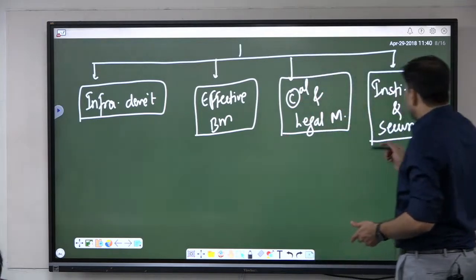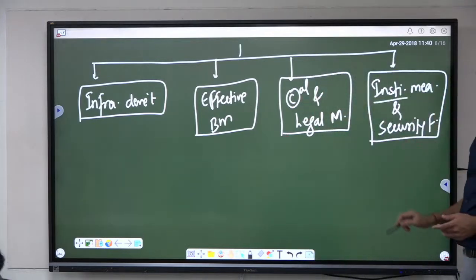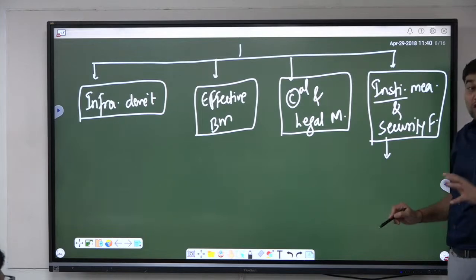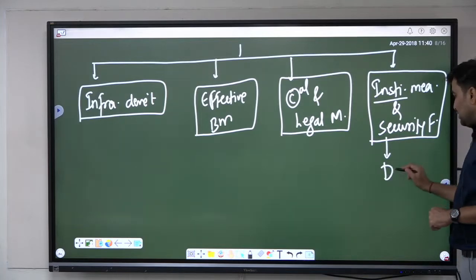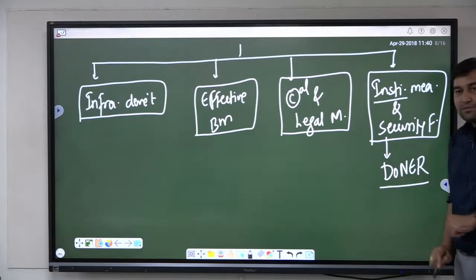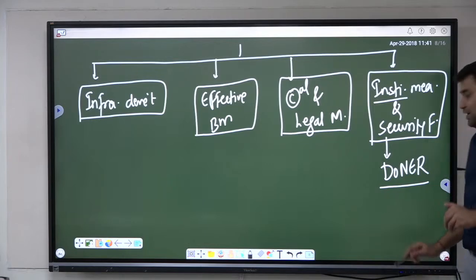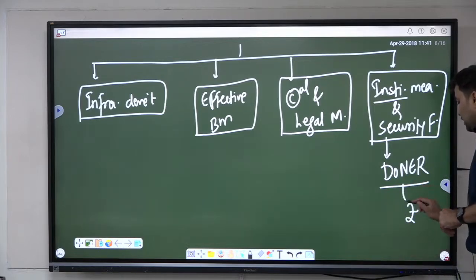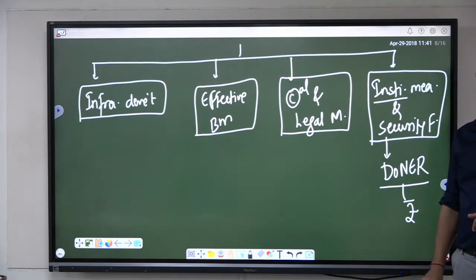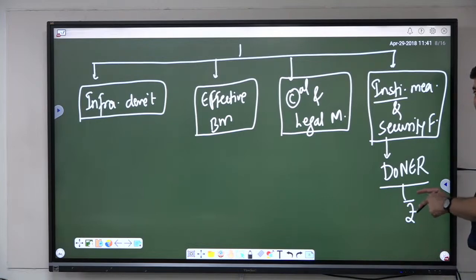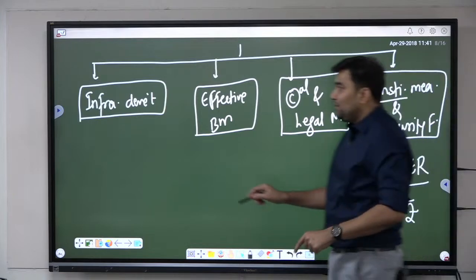In institutional measures, there is something called the Department of Northeast Region. Have you heard about it? This Department of Northeast Region focuses on bringing in n number of investments and multi-developmental projects. Because of this, what will happen?